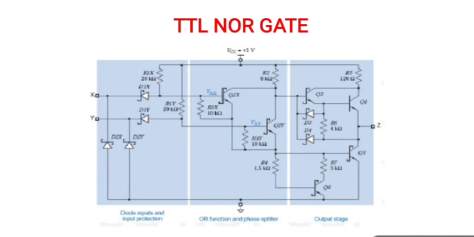Now Q3 and Q4 will be off, because the available VCC goes directly to the ground through Q6, so the base of Q3 will be 0. A base of 0 means off, and Q4 is also off. So the output becomes 0. There is no path between VCC and Vout, that's why the output becomes 0. Whatever voltage is available is grounded through Q5 and Q6. So that is the condition for X equal to 1 and Y equal to 1.